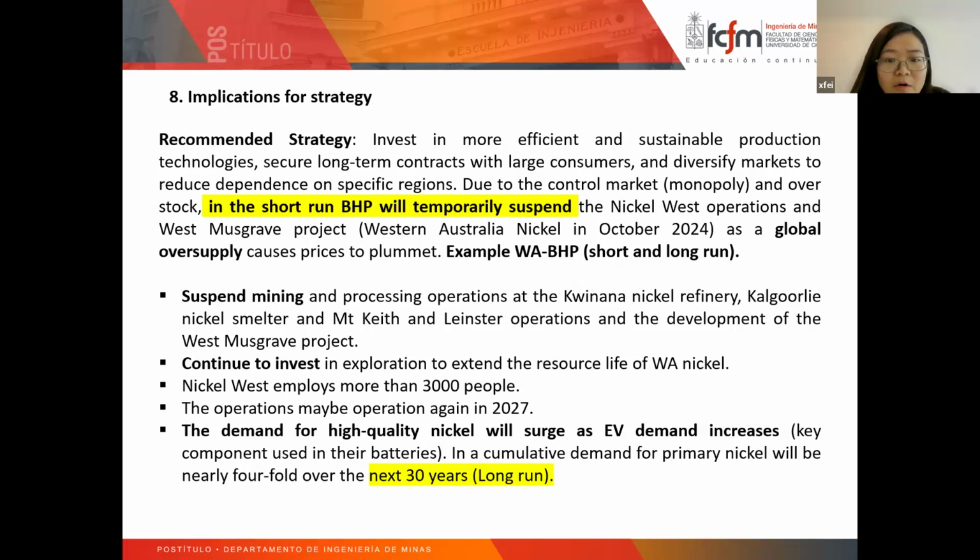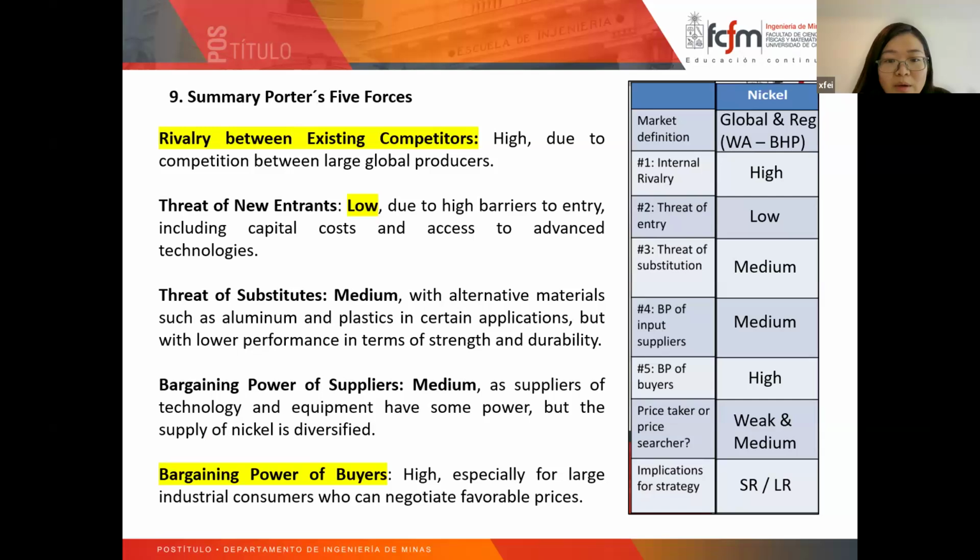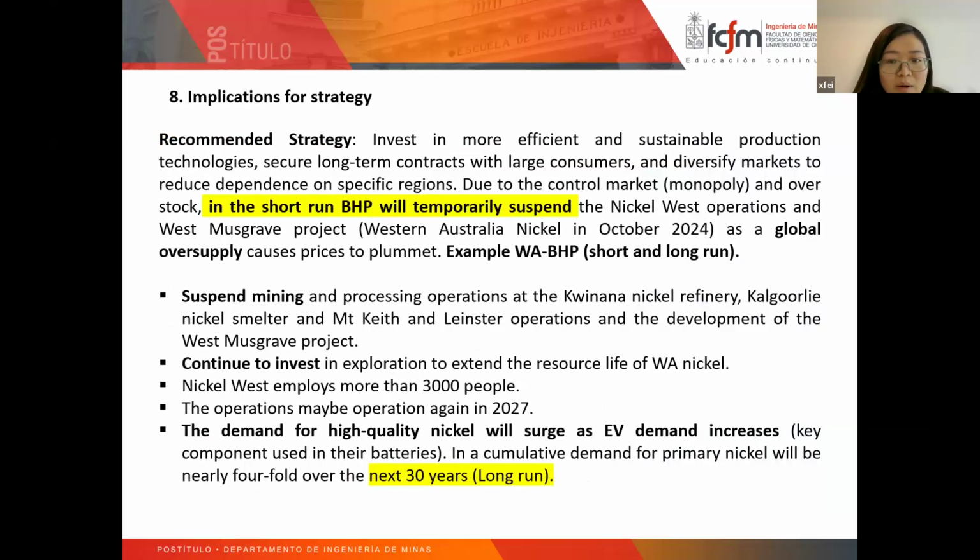However, BHP will continue to invest in exploration to extend the resource life of Nickel West. Nickel West employs more than 3,000 people, and the operation may resume in 2027.